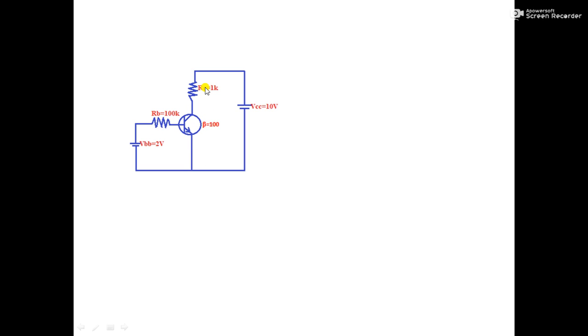RB and RC are given. Here the voltage is 10 volt and here 2 volt. Beta is 100. Now verify whether the transistor is operating in the active region or not. So this is a task for you, and I will discuss it in the next class. Thank you.